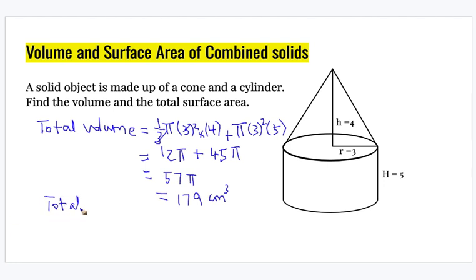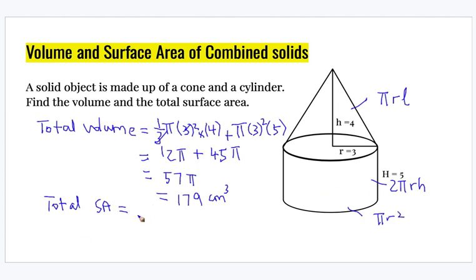For the total surface area, remember our formula. That is, the curved surface is pi r L. The curved surface of a cylinder is 2 pi r h, and the base is pi r squared. Right?